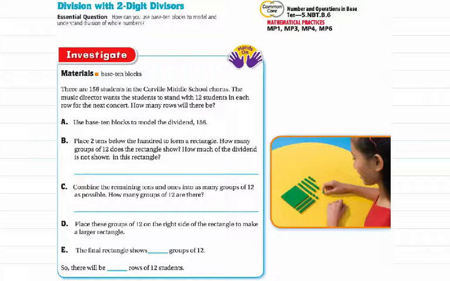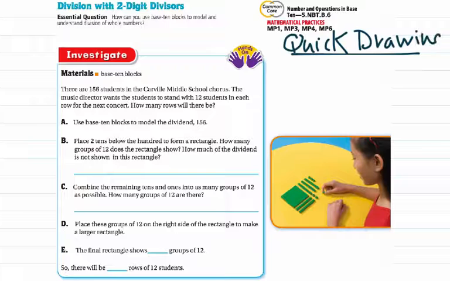But I want you to make sure that you're taking notes on the quick draw that I'm going to do here in the corner. Now students, a quick drawing is a way to represent the same amount.